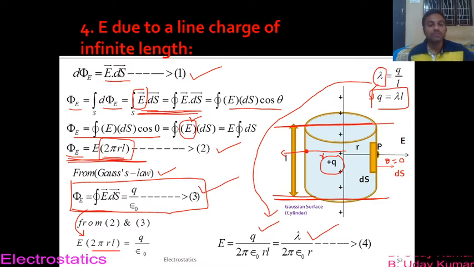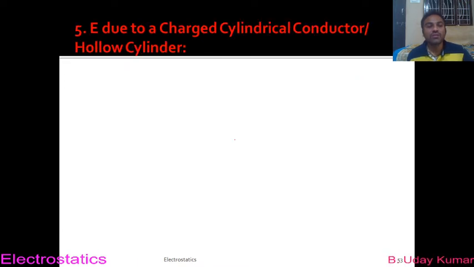Okay, let us move on to our next slide now. Please remember this formula, because this is going to come even in our next topic. Let us move on to the next topic, which is the electric field intensity due to a charged cylindrical conductor, which is also called a hollow cylinder or cylindrical shell.